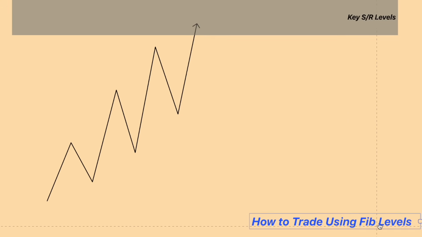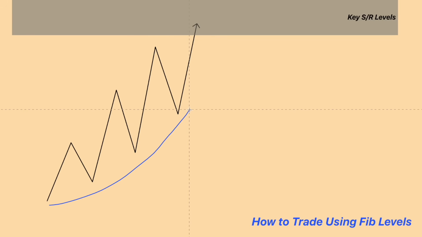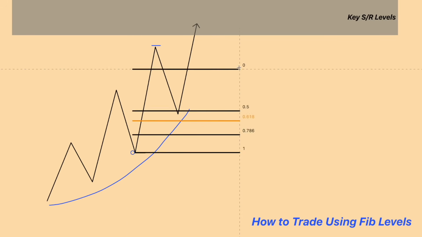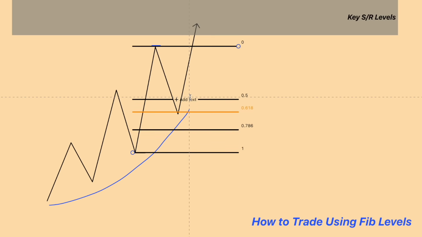So how would I use fib levels to actually trade? So the difficult thing that can happen is people identify that, say we are in an uptrend, and they're mapping out their points A's and their points B's, and they're using their tool correctly. But what they tend to forget is this tool is okay, it's decent in isolation, but it's even more powerful when you use it in confluence.